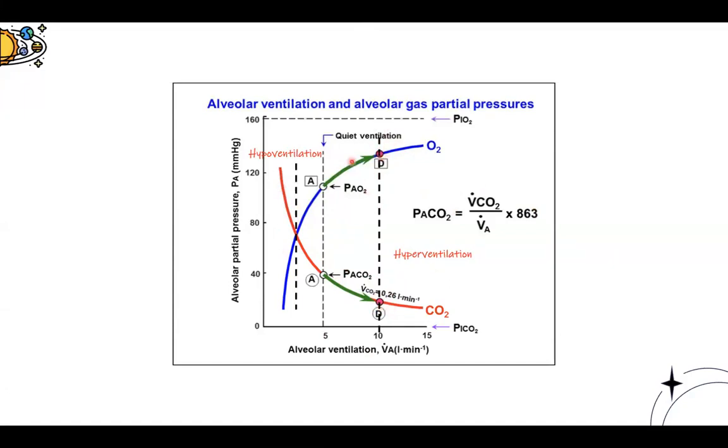PaO2 will be high, but what's more important is that PaCO2 will be lower. If you have hypoventilation, which is lower than normal ventilation, your PaCO2 will increase quite a lot, all the way up to about 70 here, and your PaO2 will decrease. Okay, is that clear? This is based on this equation here.